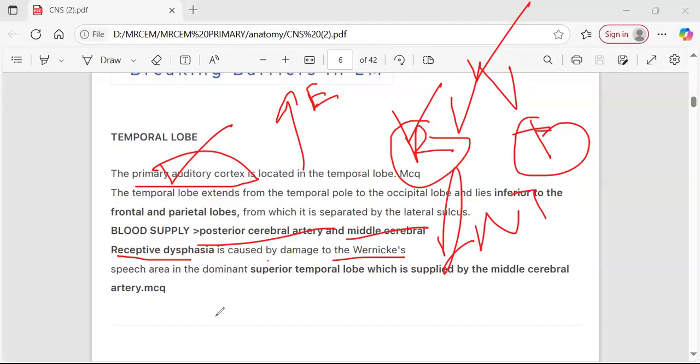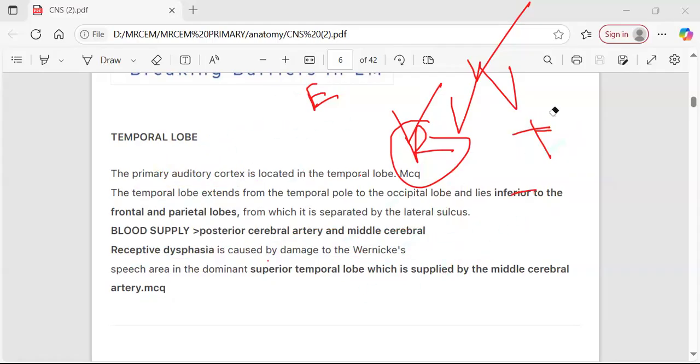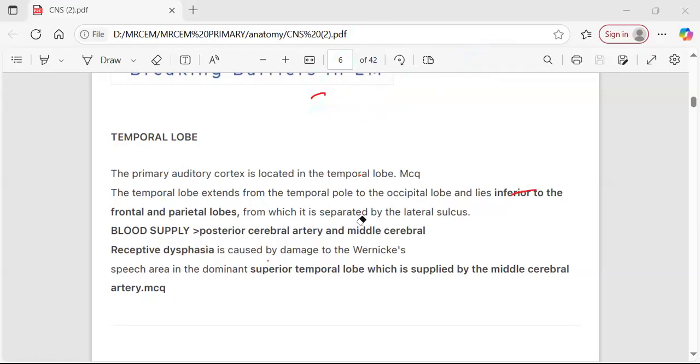And which other dysphasia is there? What type of dysphasia is the other? You know, one is receptive and the other is, anyone know? Receptive and expressive dysphasia.